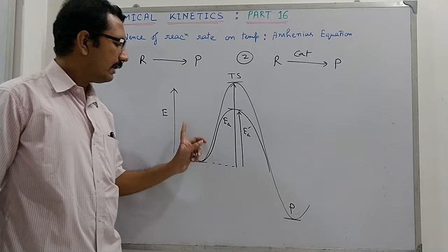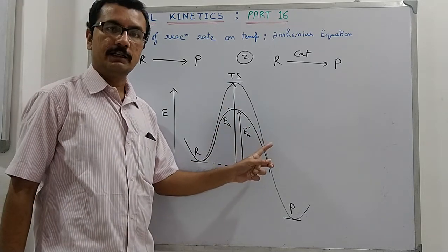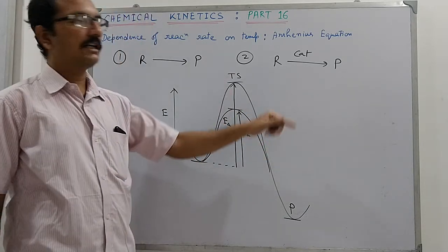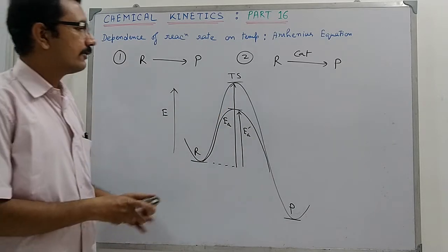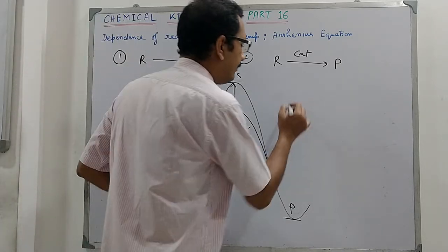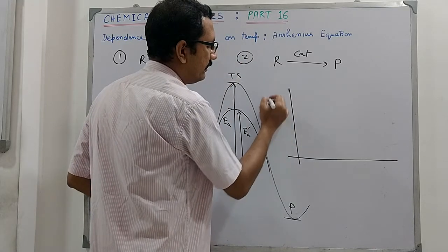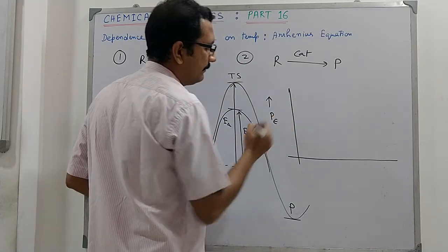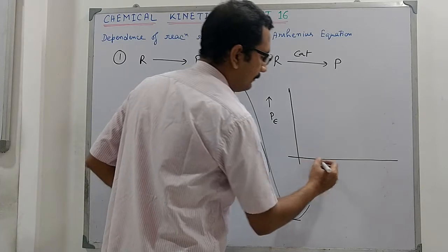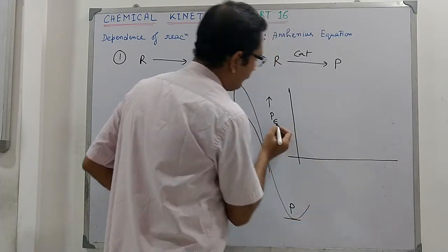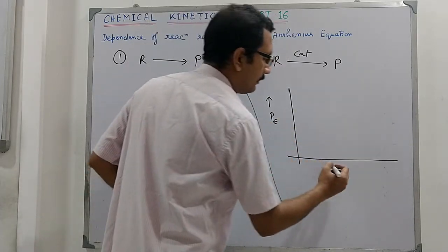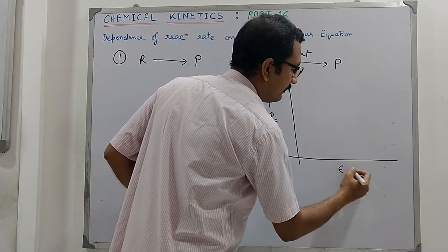So more and more molecules will be able to cross the barrier. In this way, rate of a reaction increases upon application of a catalyst. So this can be explained easily with the help of Maxwell distribution. This is the probability of having molecules having energy ranging between epsilon and epsilon plus d epsilon, and this is the energy.